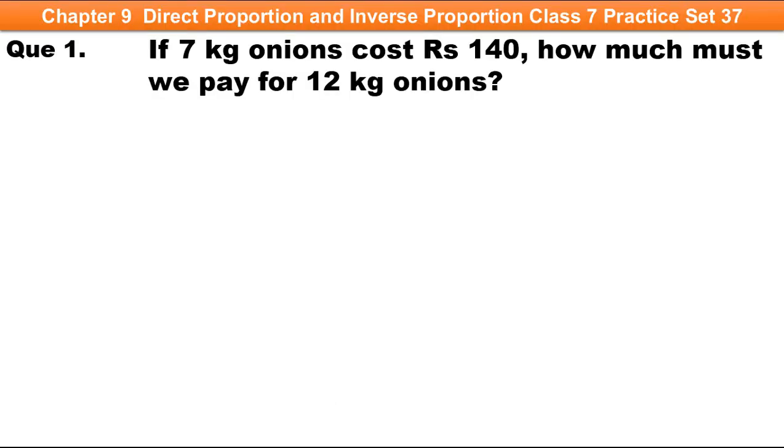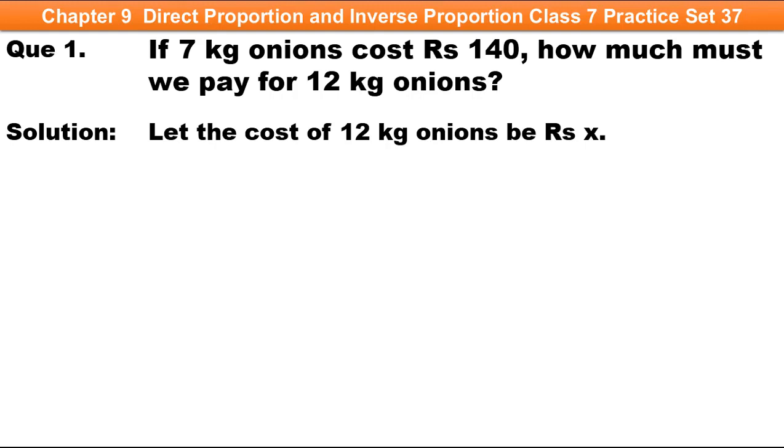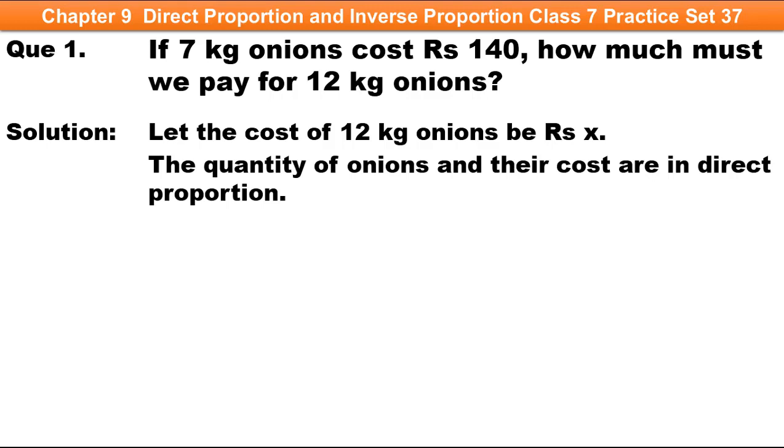Question first. If 7 kg onion cost rupees 140, how much must we pay for 12 kilograms of onions? Solution. Let the cost of 12 kg onion be rupees x. The quantity of the onion and their cost are in direct proportion.